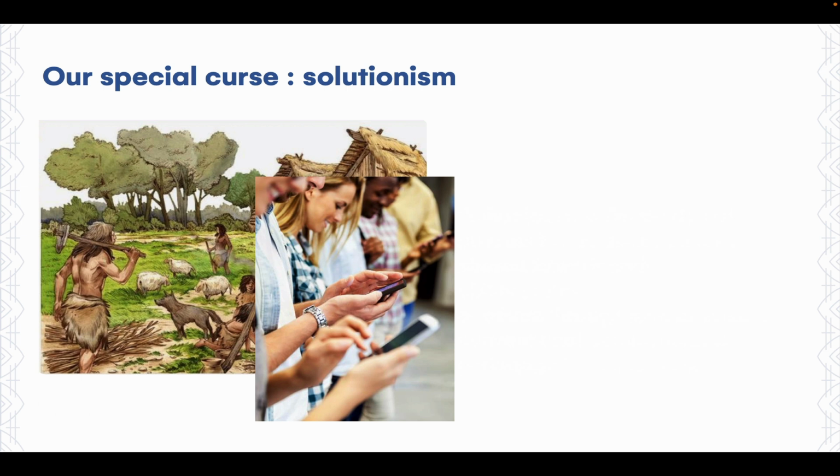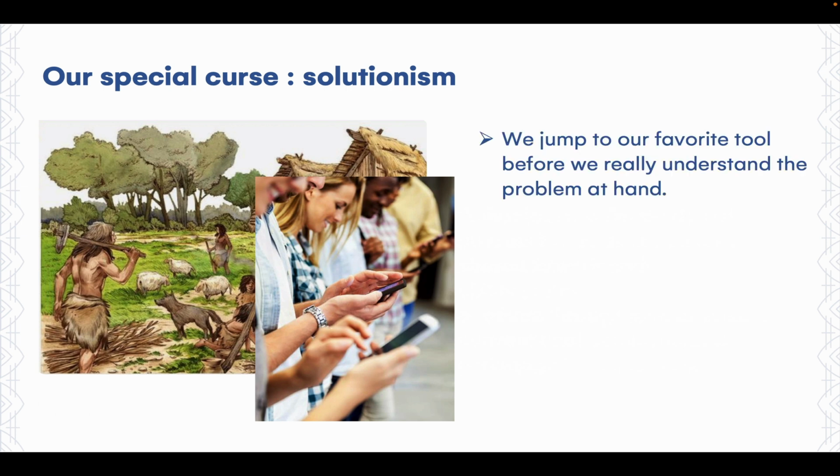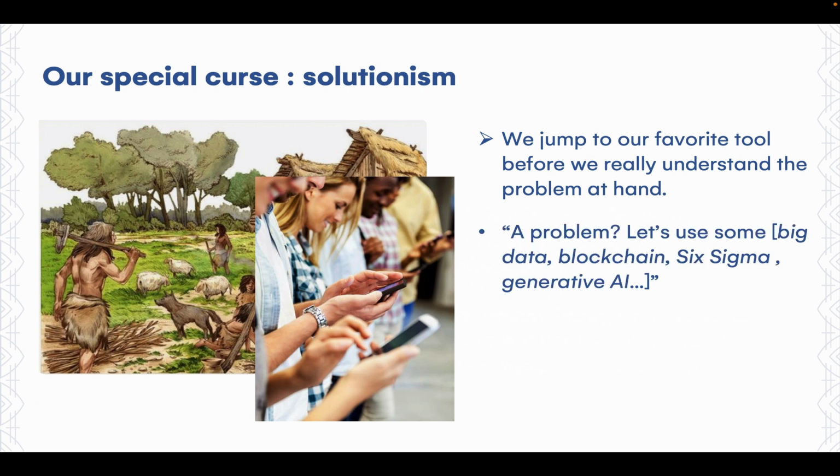But we do have a special curse, which is we love our tools, even when they're not always useful. We love the tools in our pockets, we love the tools in our houses, and so often we jump to use the tool before we really understand the problem that we're dealing with. Oh, there's a problem, you say? Well, let's use some big data, or let's use blockchain, or let's use Six Sigma, or let's use generative AI.